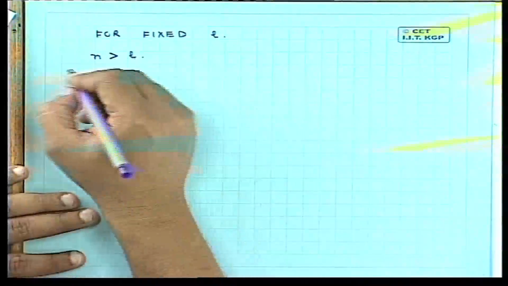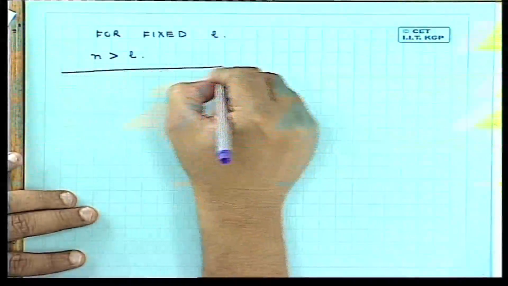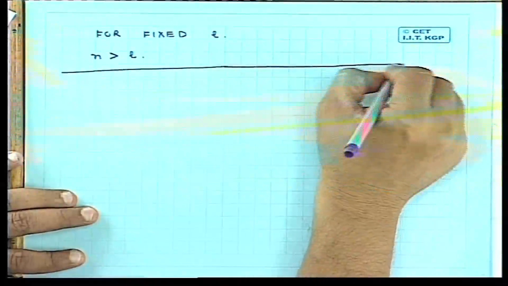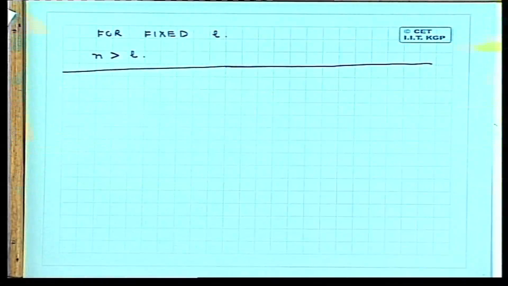So small n is L plus capital N, and it can take all values greater than L. But the energies are going to change. The energy depends only on this small n.